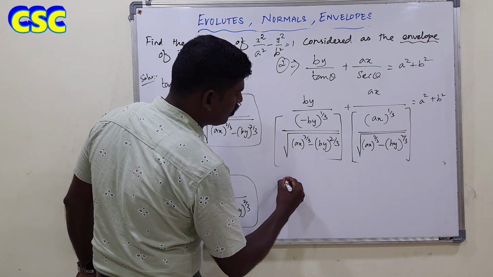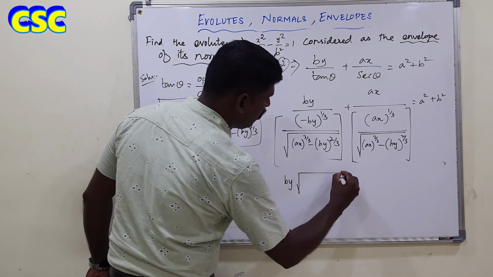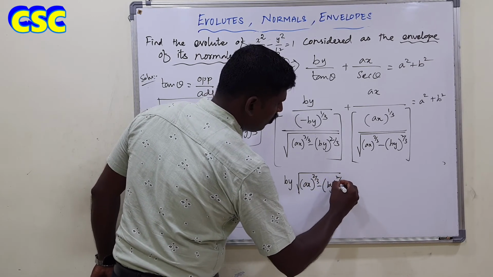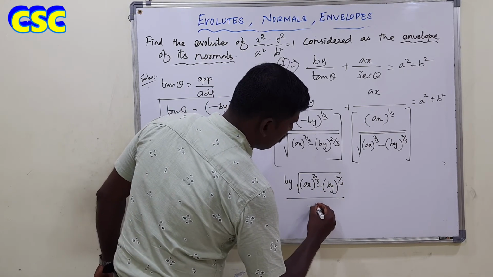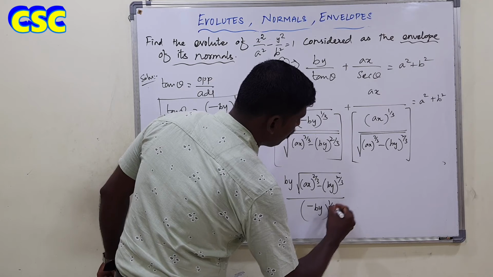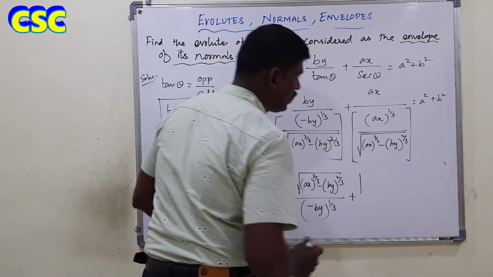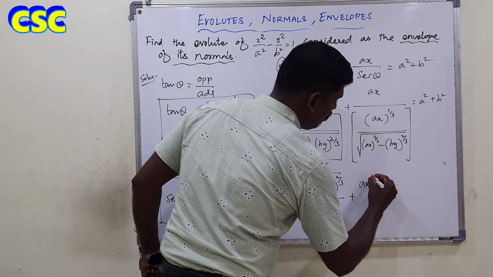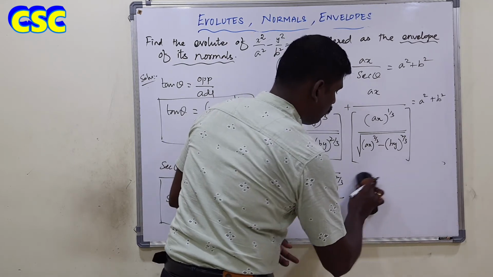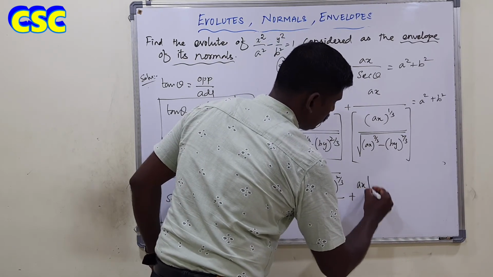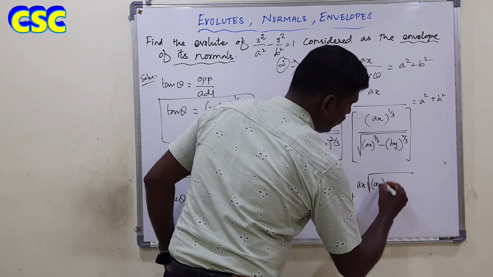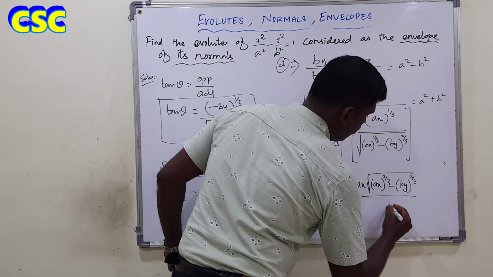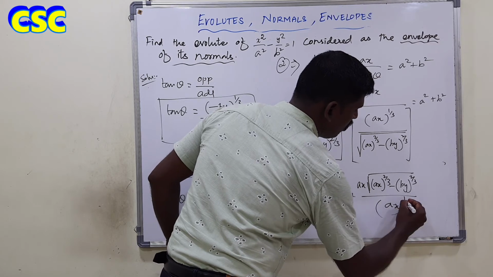So the numerator becomes by into the root of ax power 2 by 3 minus by power 2 by 3 by by power 1 by 3, plus ax, which is already in the numerator, into the root of ax power 2 by 3 minus by power 2 by 3 by ax power 1 by 3.